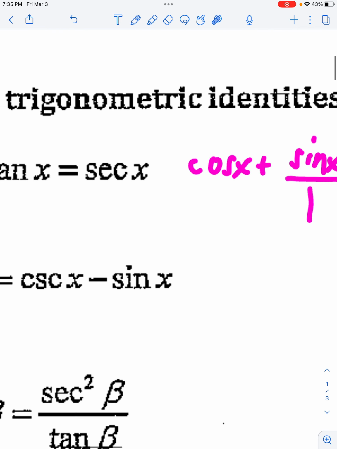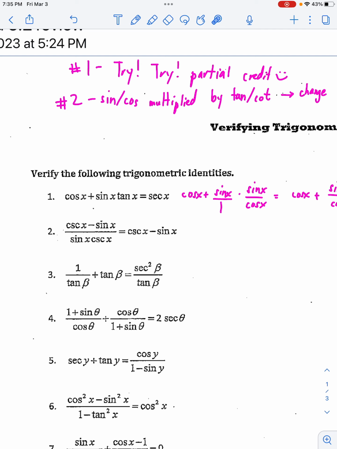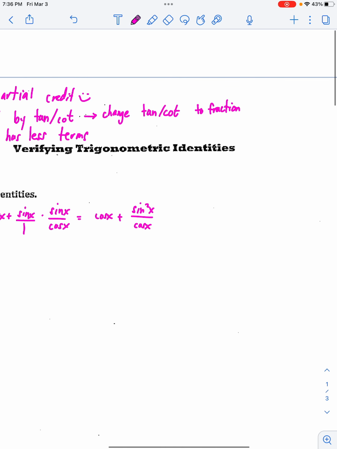Notice our answer here, secant x, has one term, okay? So if the right side of the equation has fewer terms than the left side, then another trick you can use is to change the left side to fractions and combine the terms.